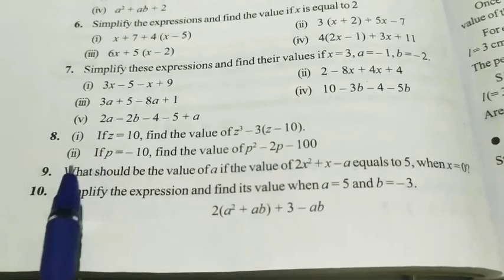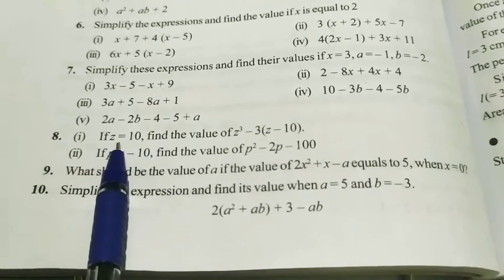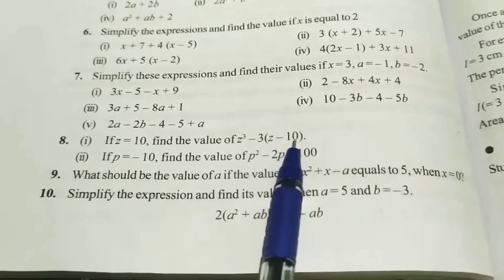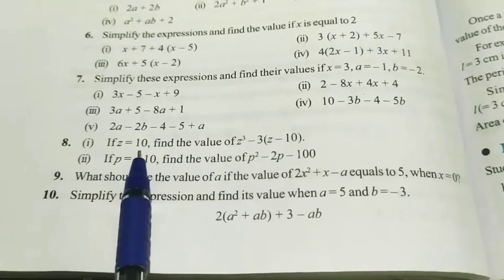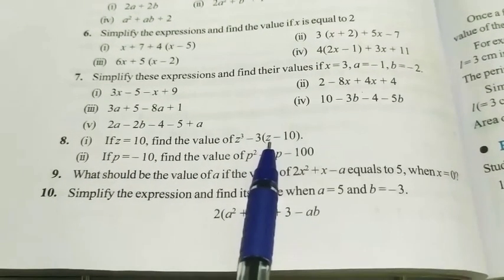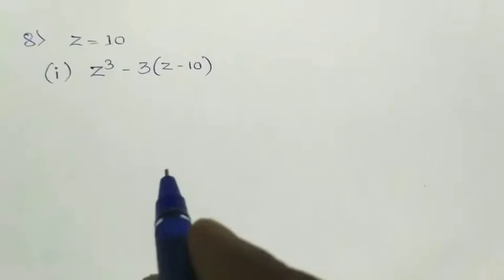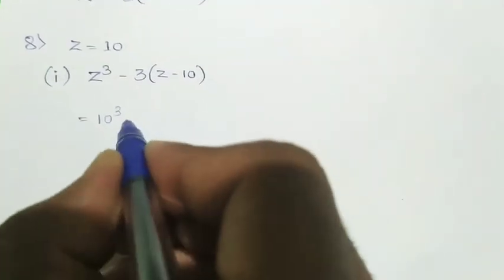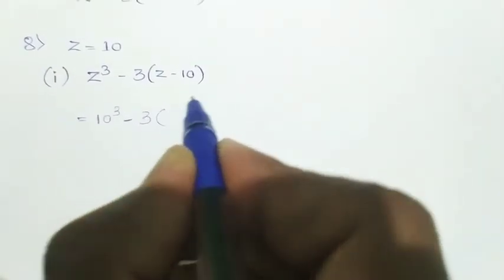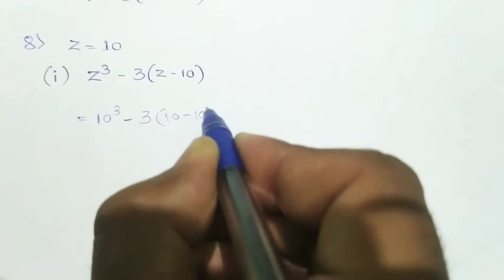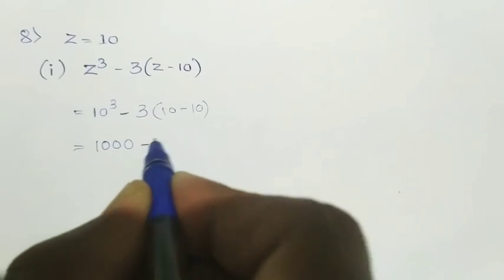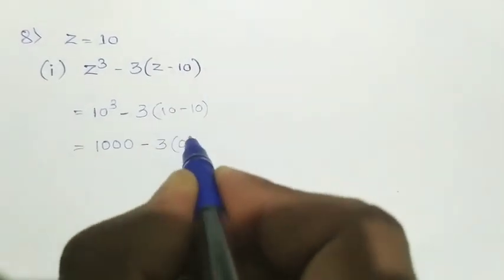Now the 8th one. Out of 2, I will do the first one. Here they gave the z value as 10. Find the value of z cube minus 3 of z minus 10. So put the value of z as 10 in place of z and do the simplifications. Here z cube means 10 cube, minus 3 into z minus 10, which means 10 minus 10. 10 cube is 1000, minus 3 into 10 minus 10, which is 0.